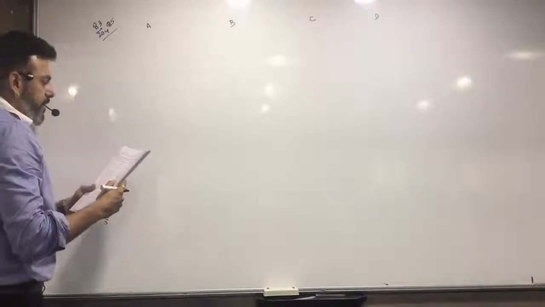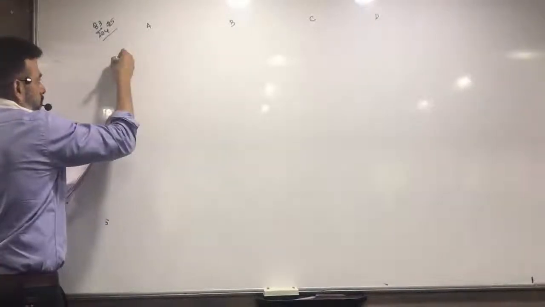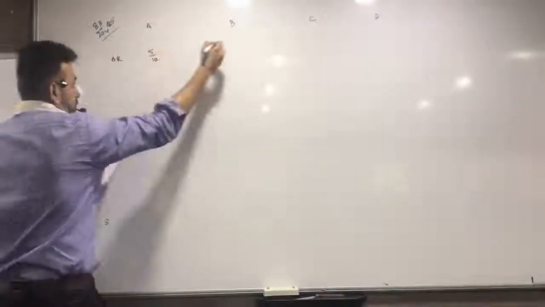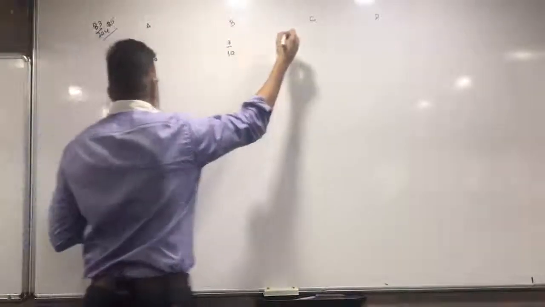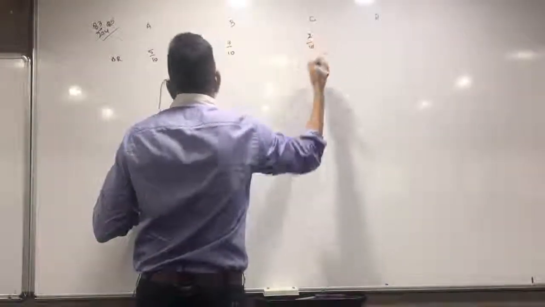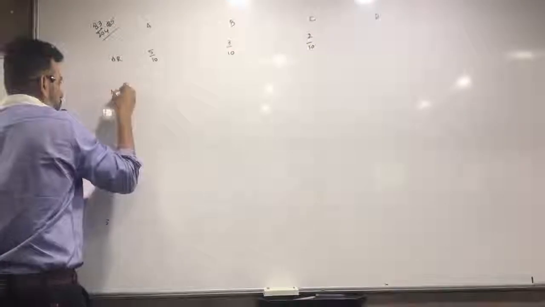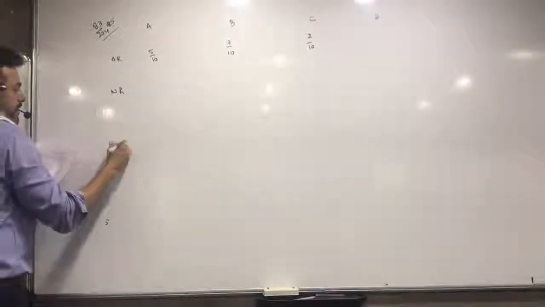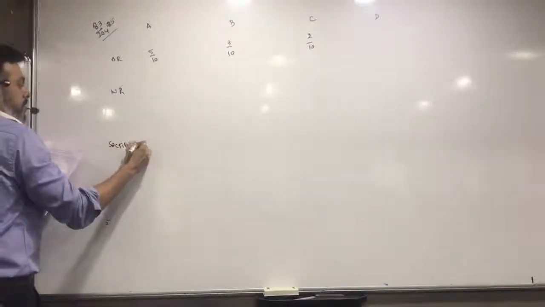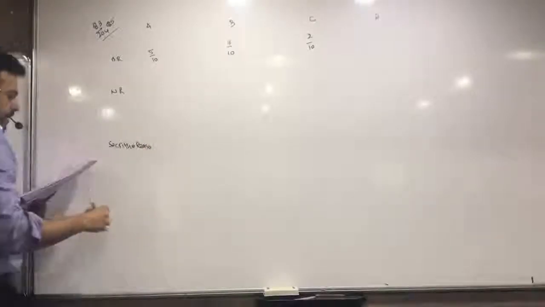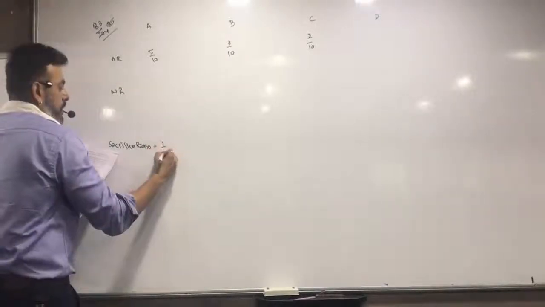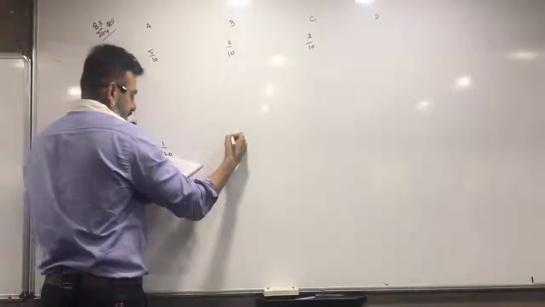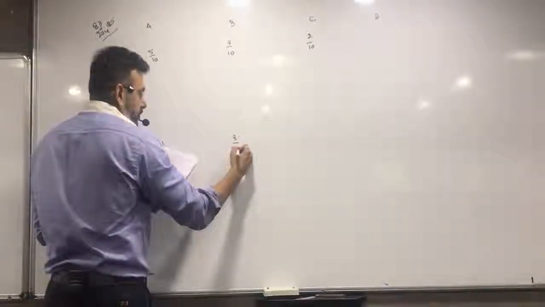A, B and C. Now the old ratio is 5 by 10, 3 by 10 and 2 by 10. The new ratio is what we have to find out, and the sacrifice ratio is already given. A is sacrificing how much? 1 by 20 and B is sacrificing 3 by 40.